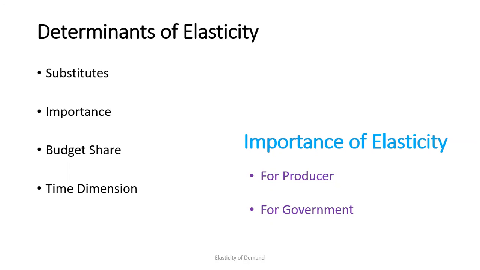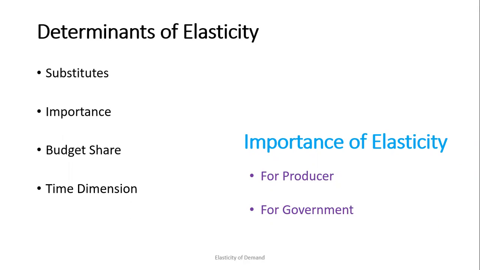Similarly, for some products which are harmful for human health or for the environment, government uses tax keeping in view the elasticity of the product to restrict the use of that product.